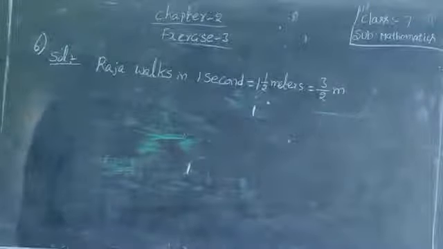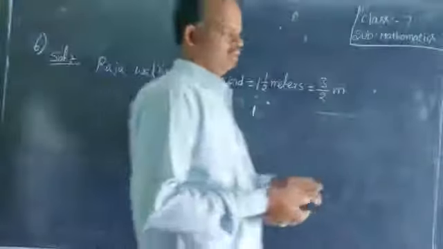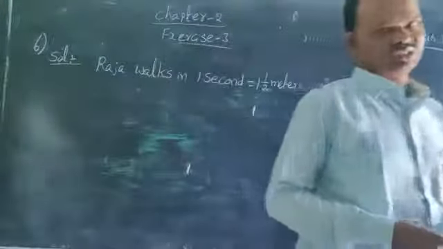How much distance will he travel in 15 minutes? 15 minutes means how many seconds? 1 minute contains 60 seconds.